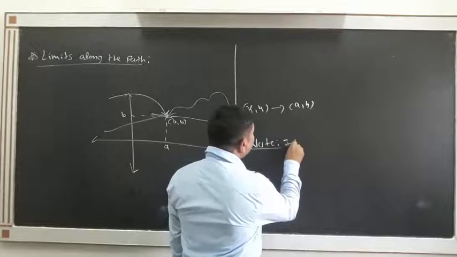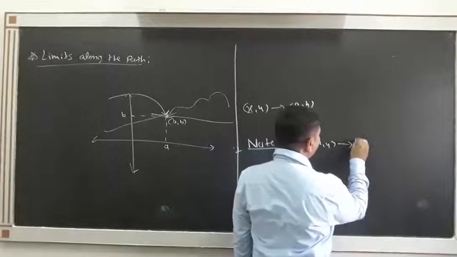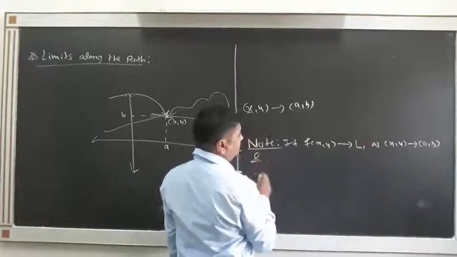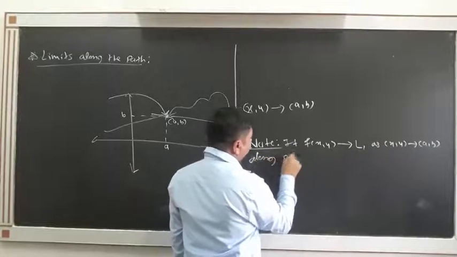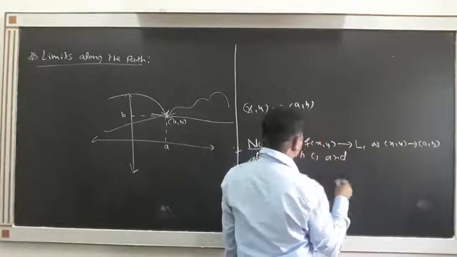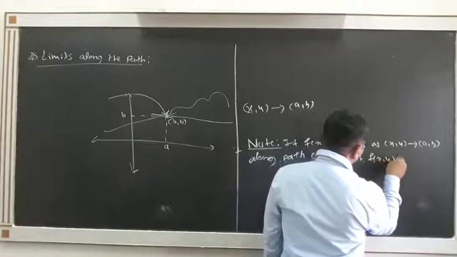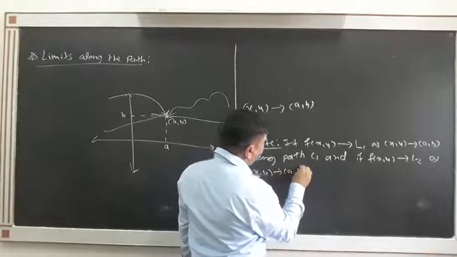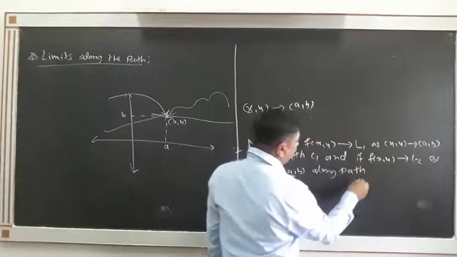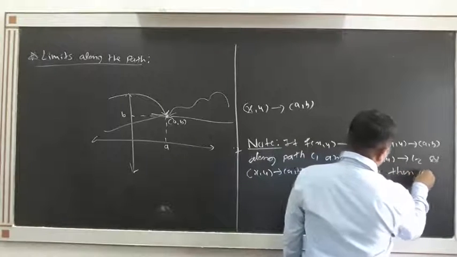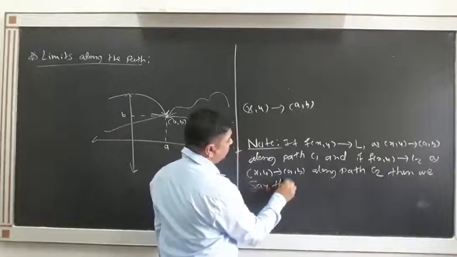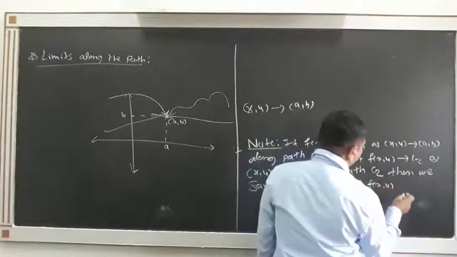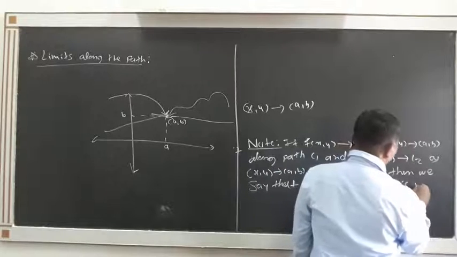Note: if f of xy approaches L1 as xy tends to AB along path C1, and if f of xy approaches L2 as xy tends to AB along path C2, then we say that the limit of f of xy does not exist.